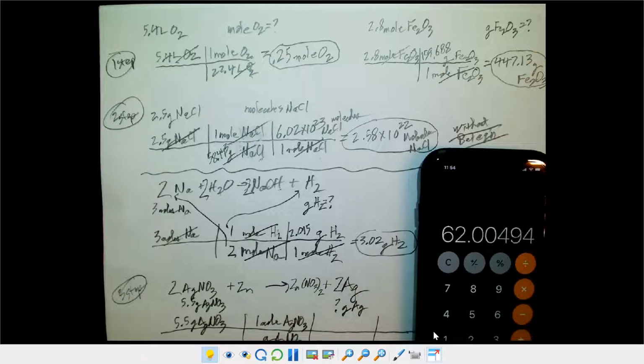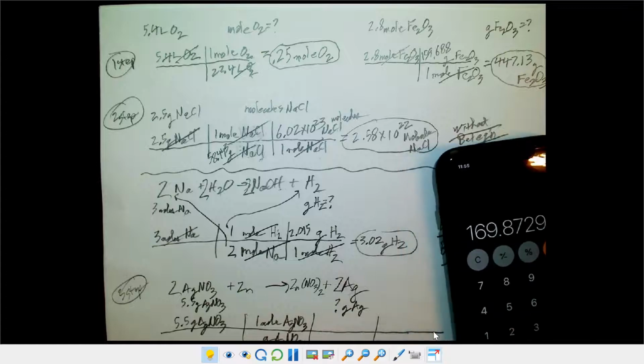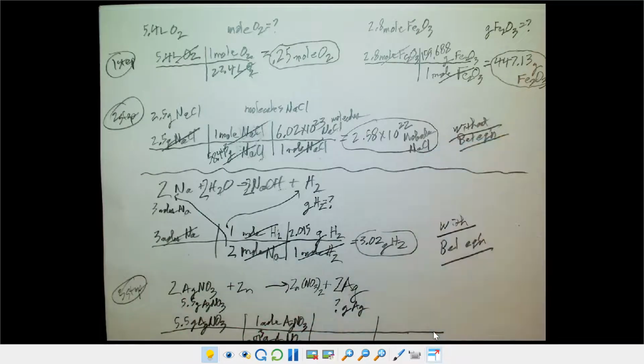And then we're going to add a silver to it, an Ag, which is 107.868. And that gives us 169.873 is the number that we're going to end up using down there.